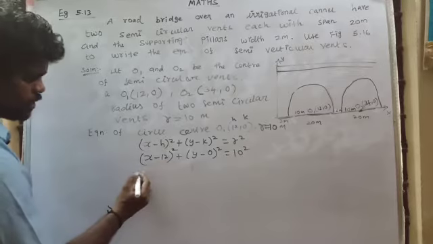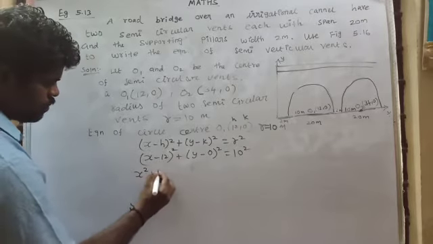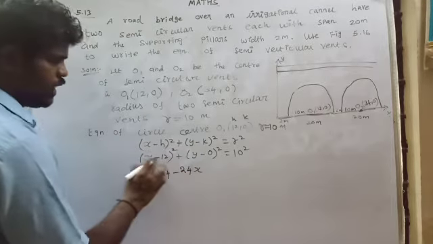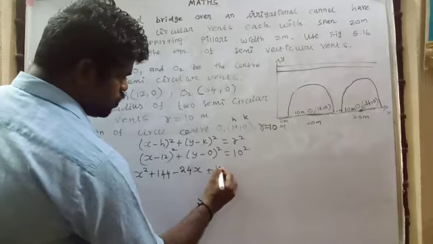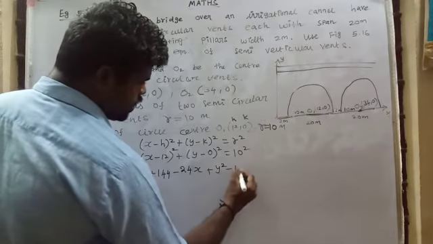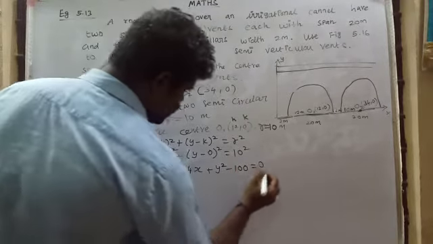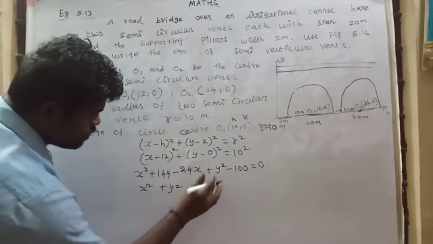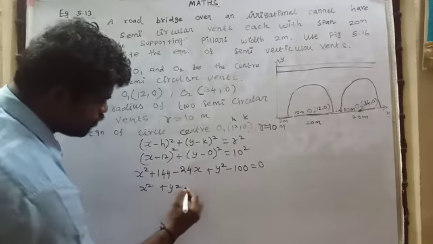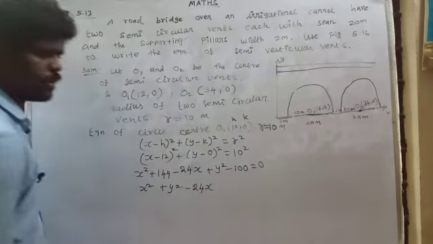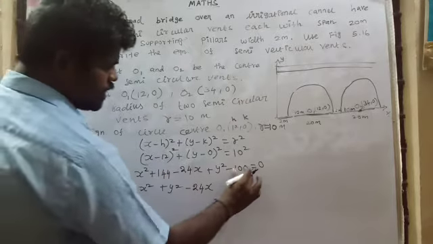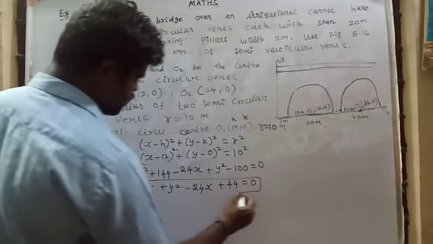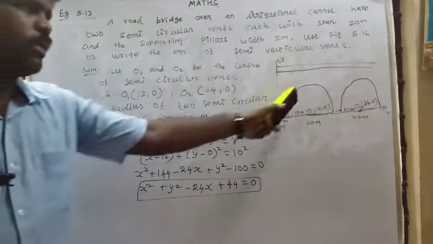Here we expand the (a minus b) whole squared formula: x squared plus 144 minus 24x, that is 2 into 12x, plus y squared, and 10 squared comes to this side as minus 100 equal to 0. Now arrange the values: x squared plus y squared minus 24x, and 144 minus 100 is plus 44, equal to 0. This is one circular vent equation.